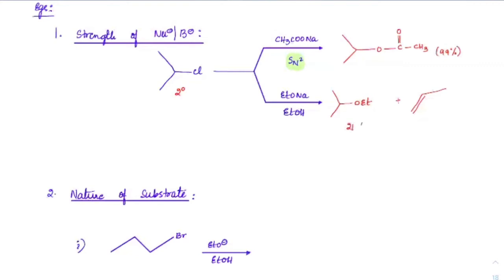This was found to be 21% and this is found to be 79%. So this is E2 and SN2. You can see the minute it becomes second degree, E2 has started becoming the major product.